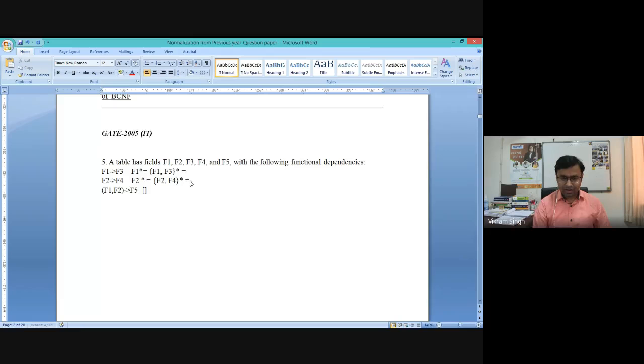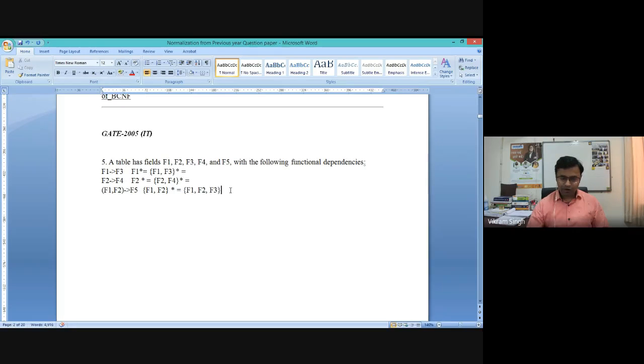It is kind of an iterative process, right? Similarly, if you check the closure of F1 comma F2, you can observe that by having these attributes, you can have F1, F2, F3, right? That's one stage. So now I have these three attributes.